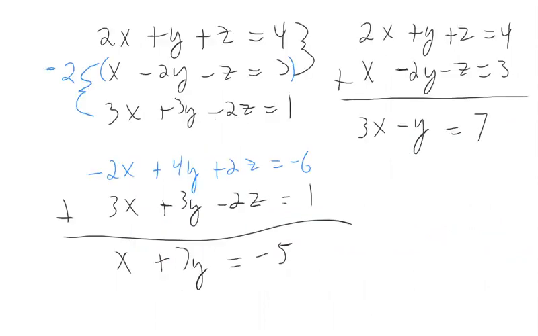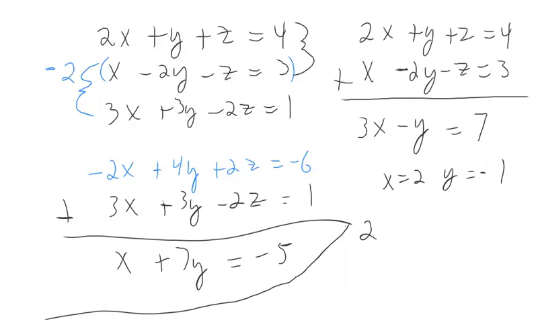I have x equals 2, y equals negative 1, and now I can pick any equation. I am going to pick the first equation to substitute these in. So we have 2 times the 2, plus a negative 1 for the y. Remember, I'm using the first equation to solve for z.